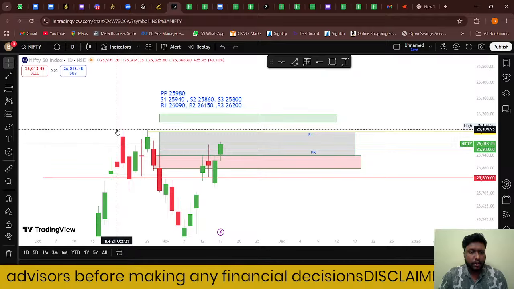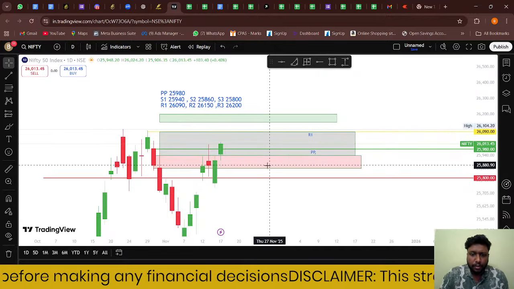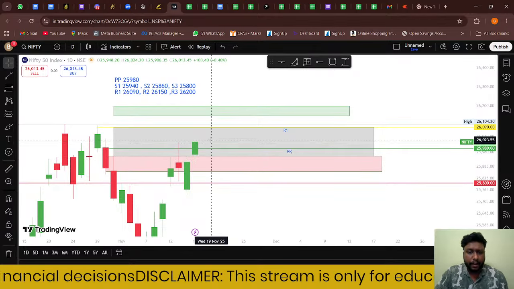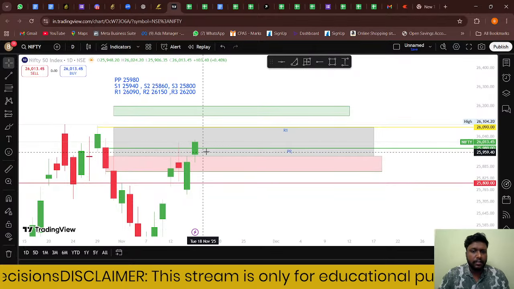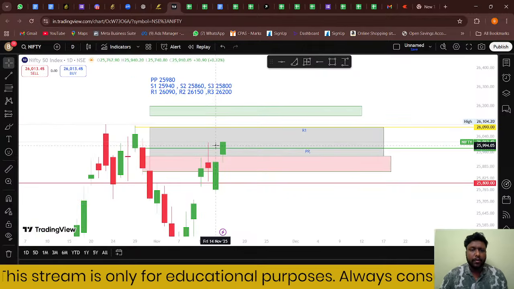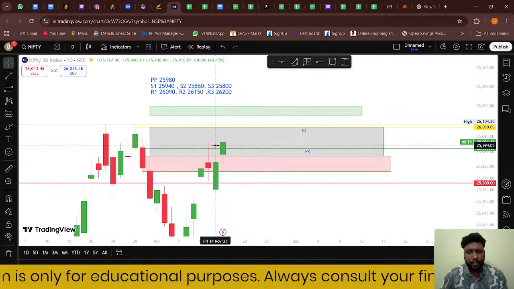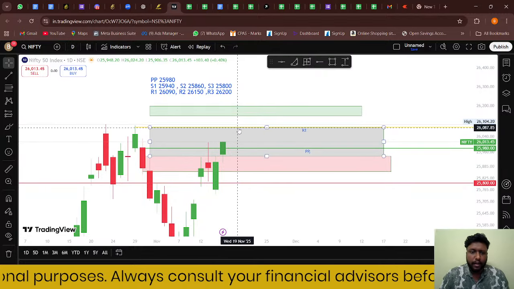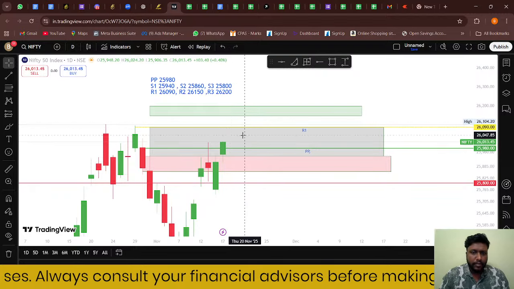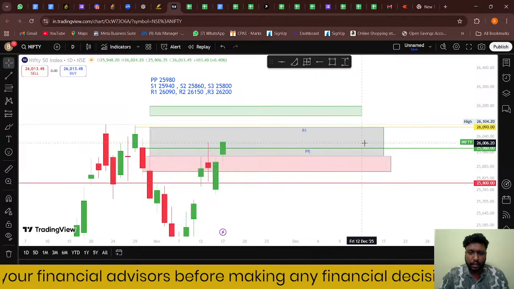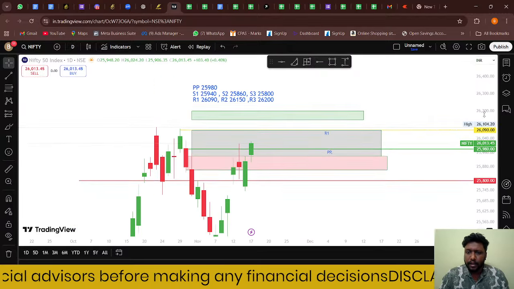But as a trader, whenever you enter this trade, make sure that it is sustaining above this level. Any movement above this level with higher volume, then definitely we can go for bullish continuation. We can target R1, then if similar volume continues, we can go for R2 and R3. So these are the levels for Nifty.